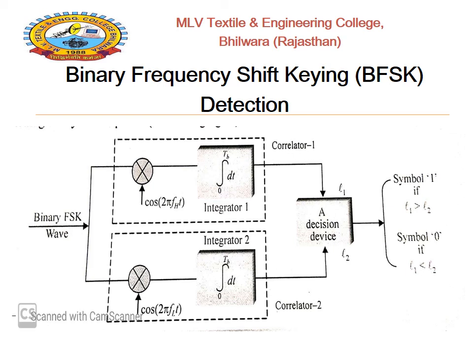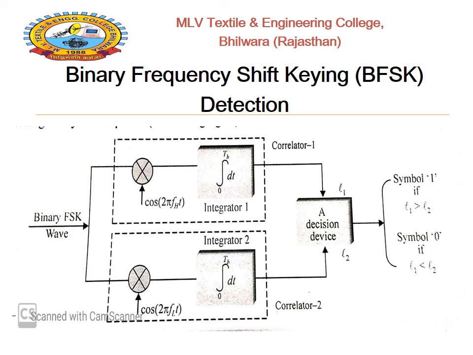Basically, there are two parts to compare, L1 and L2. When L1 is greater than L2, that means the upper correlator, related to FH of T, is more dominant compared to the lower section. So FH of T is dominant, which means it is related to symbol 1.